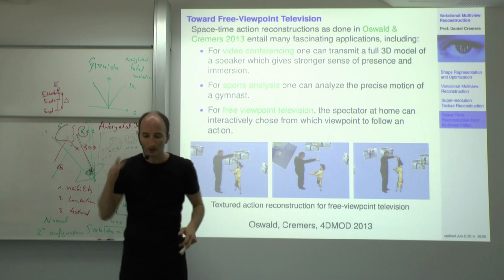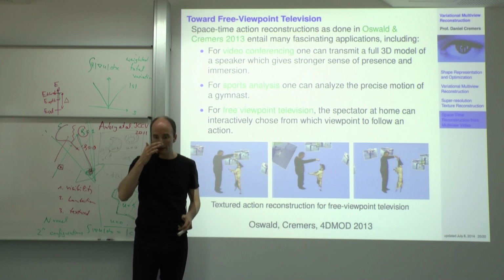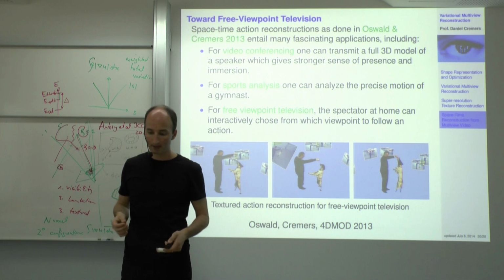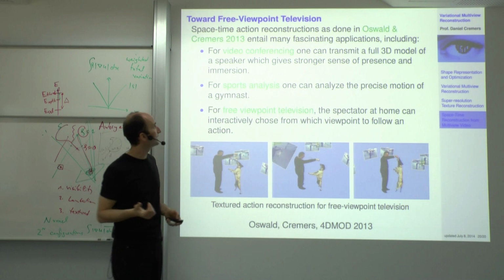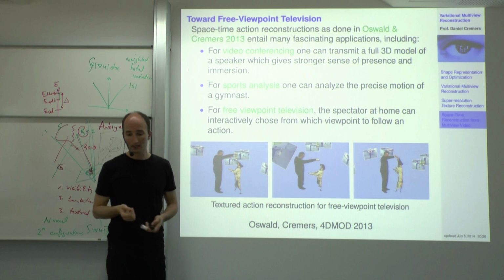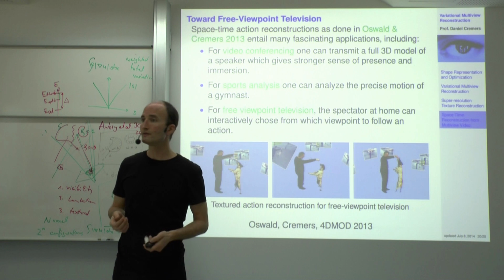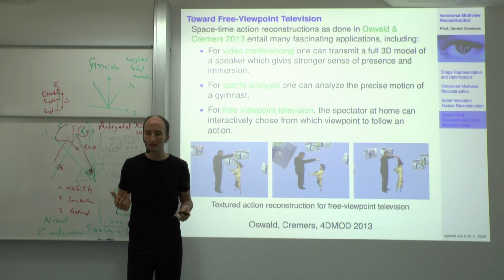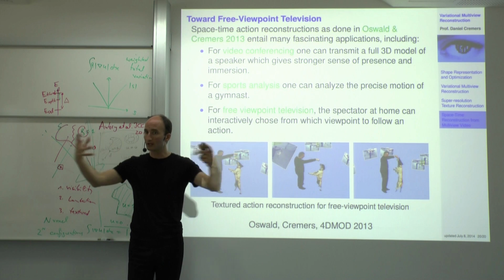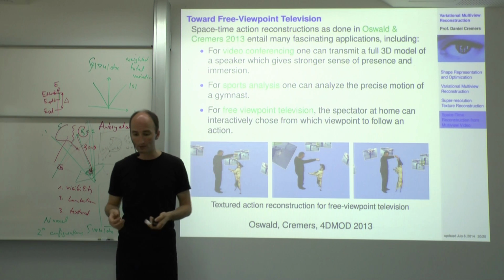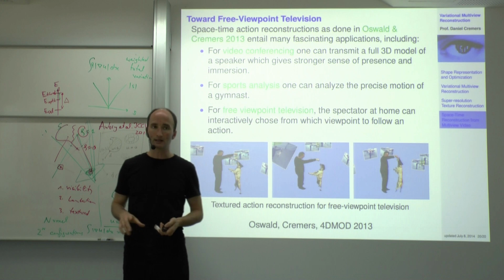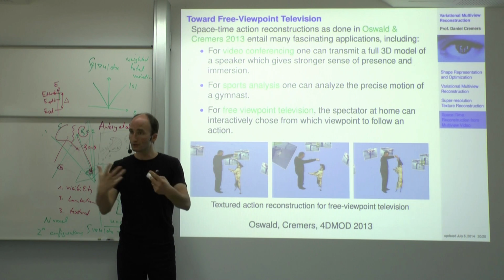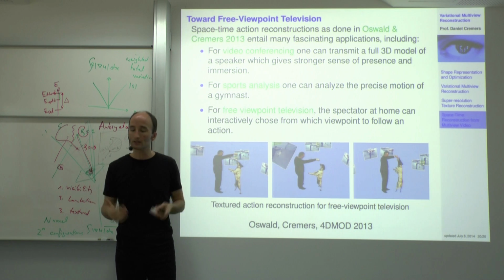The next thing you can do with these 3D reconstructions over time is, once you texture them, there are many applications. One is you can do video conferencing, where you can transmit a full 3D model of a speaker acquired, say, with several cameras, and you can recover it and transmit it even in real time.